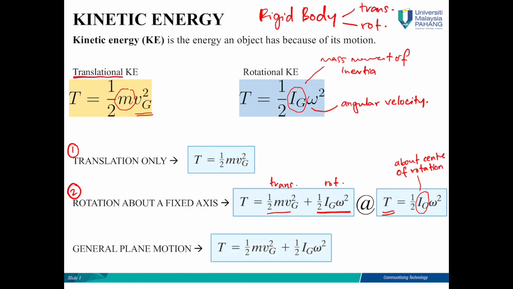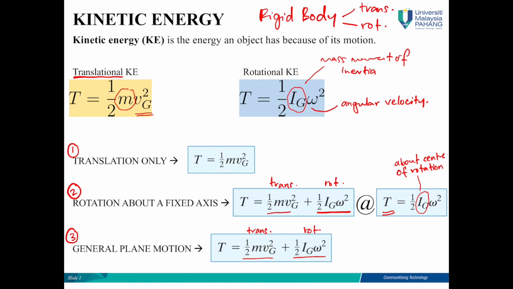Now, the third type of motion, as we have explained since chapter 1, is general plane motion, which involves the combination of both translation as well as rotation. In this case, of course, we have two terms to add: this is for translational kinetic energy, and this is for rotational kinetic energy.